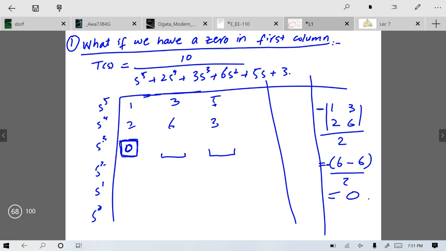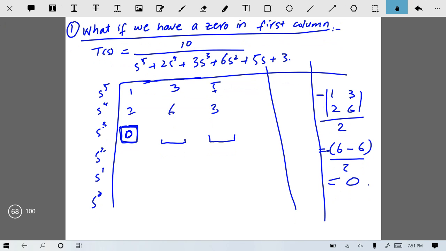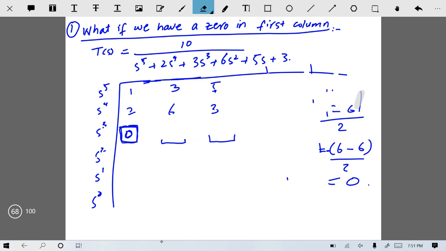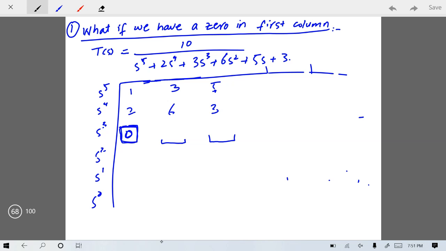Let's make some space over here. If I try to find the second term, which is minus of the determinant of 1 2 and 5 3 divided by 2, which is equal to minus 3 minus 10 divided by 2, which is 7 by 2, which is actually a positive term.